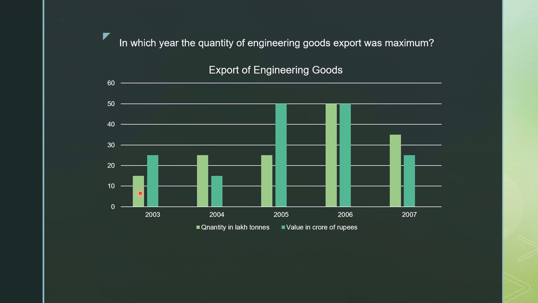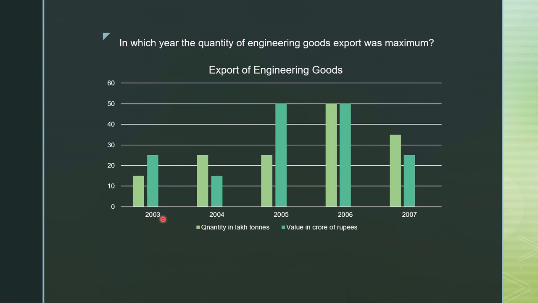The light green bar is for the quantity in lakh tons, and the dark green bar represents the value in crore of rupees. So what is the question? In which year was the quantity of engineering goods export maximum?